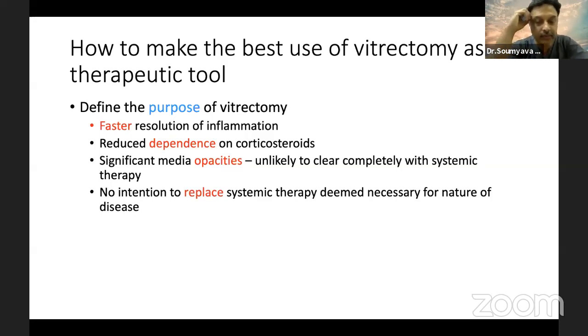For example, if you have a patient of intermediate uveitis due to sarcoidosis, you can clear up the vitreous by doing a vitrectomy and give the patient a faster improvement in vision and a faster resolution of inflammation. But that will not prevent the use of, say, methotrexate in the long-term period, because the nature of inflammation in sarcoidosis is that it has a chronic course, and that cannot be taken care of by just one vitrectomy.